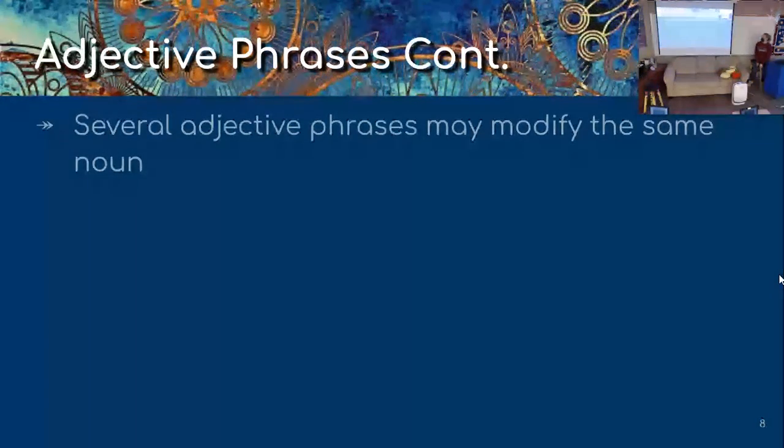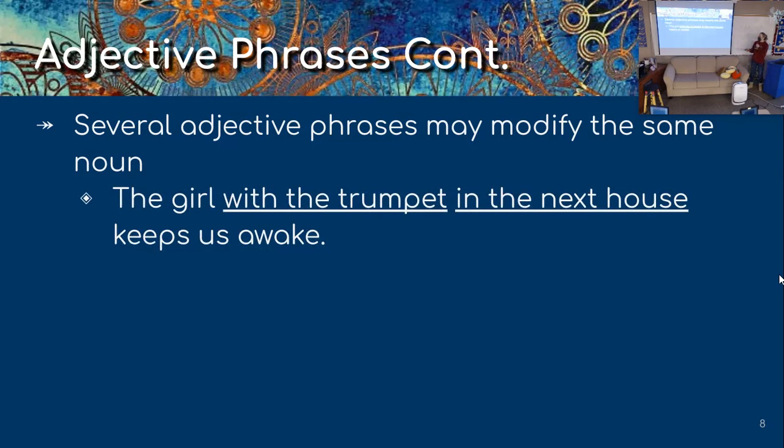Okay, here we go. Several adjective phrases may also be modifying the same noun. You can have several prepositional phrases in a row that work together to modify the exact same noun in a sentence. Here's an example: The girl with the trumpet in the next house keeps us awake. We have two prep phrases, with the trumpet and in the next house.